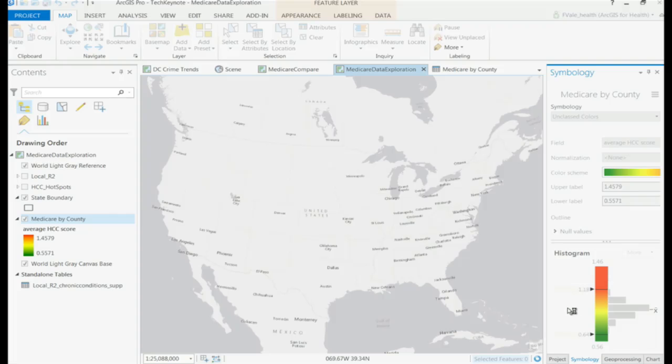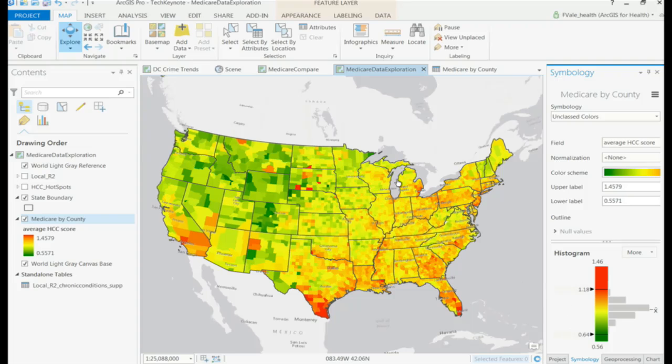So we do kind of see a spatial pattern here. We can see the distribution of these values over space, and it looks like there is a pattern in space. We have healthier counties over here in the northwest and some less healthy counties down here in the southeast. And understanding the spatial pattern of this is very important, but we also need to understand the distribution of these values in data space.